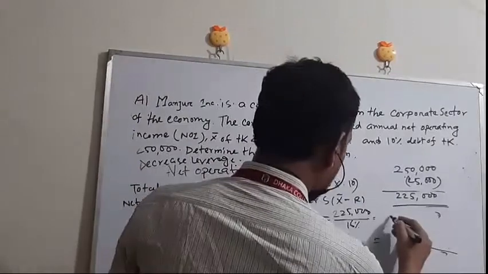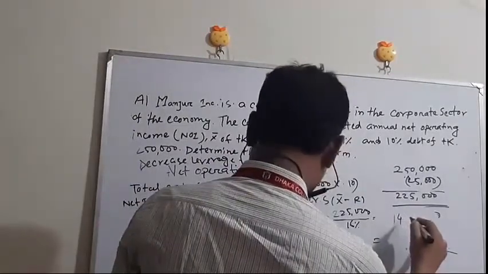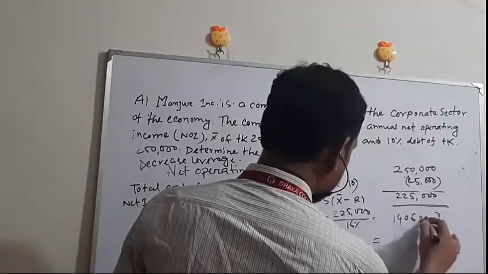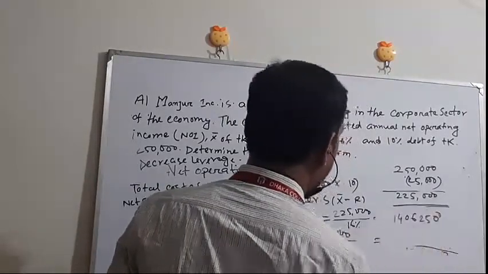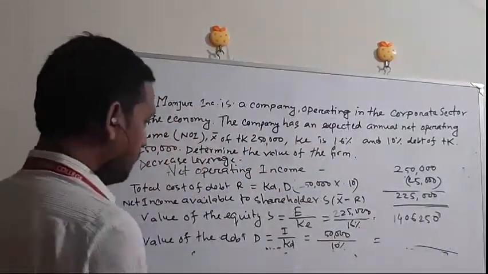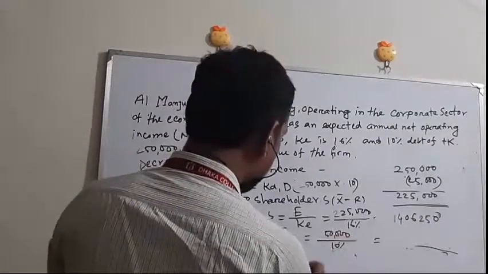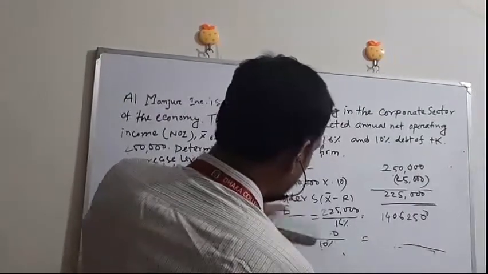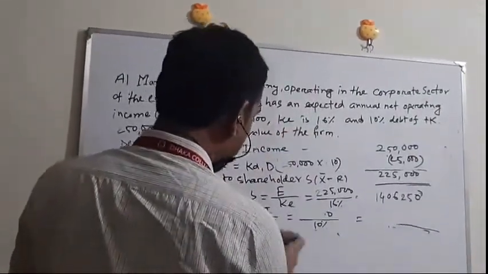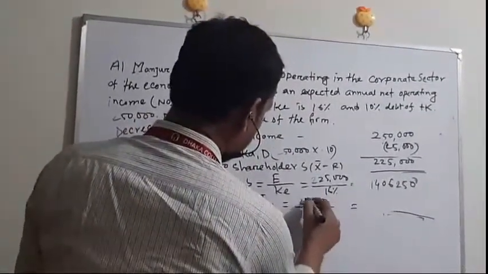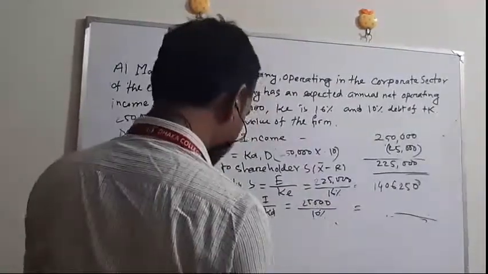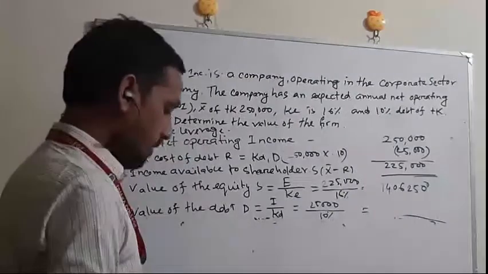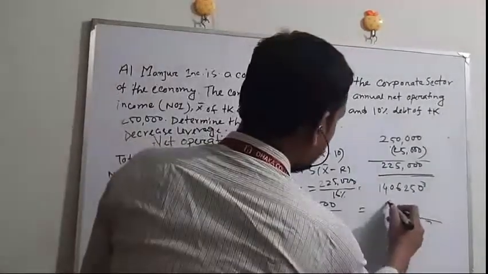14 lakh 6,250 taka, and then say 25,000 taka, 10%, I mean 2,50,000 taka.